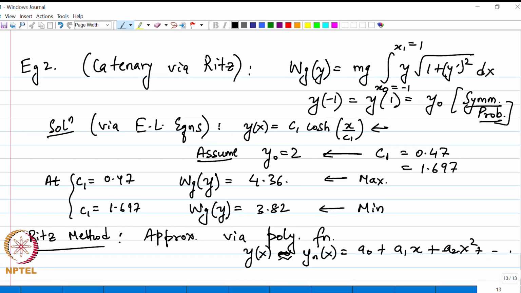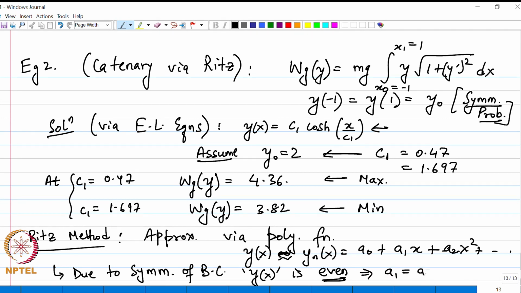So due to symmetry of the boundary condition, y of x is an even function, which means that my odd coefficients a1, a3 and so on are all 0.